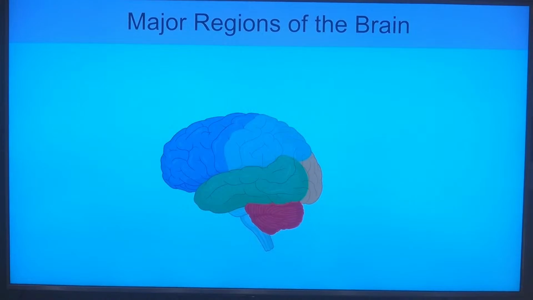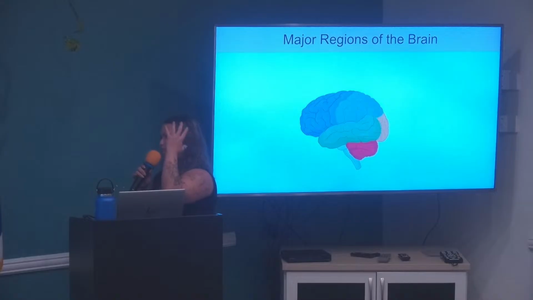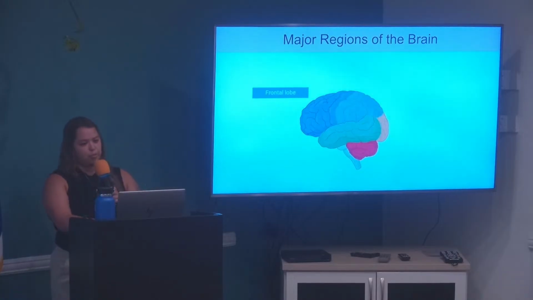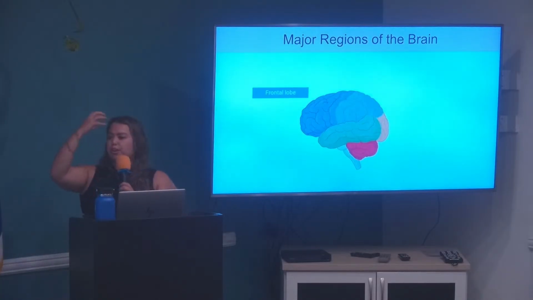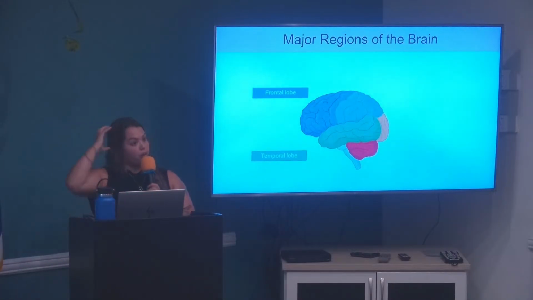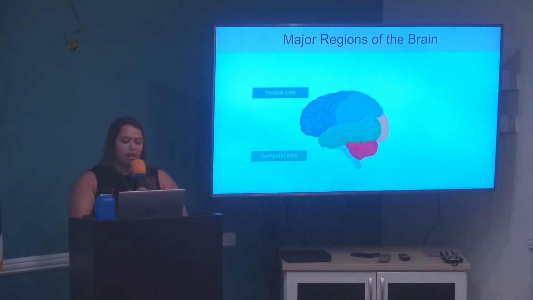So these are the major regions of the brain. So this is if I was looking this way. That's where the brain's sitting, right? So that blue lobe in the front, that's our frontal lobe. Then as we move back, so frontal lobe, we move a little further back. We're going this way, guys. This way is the temporal lobe.